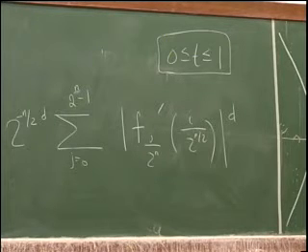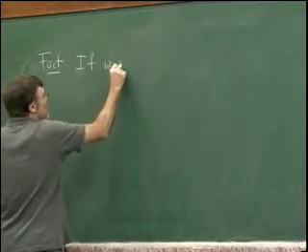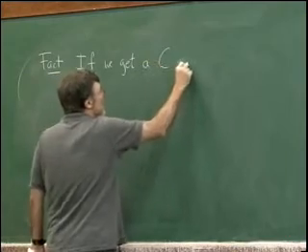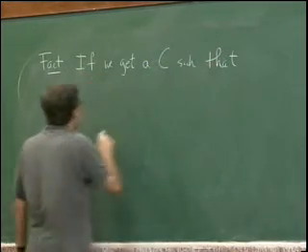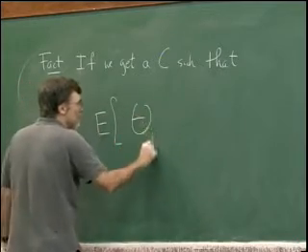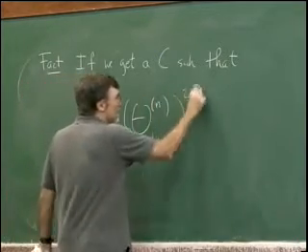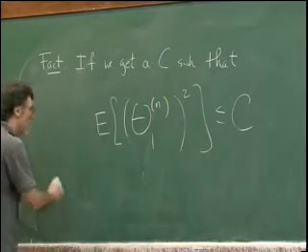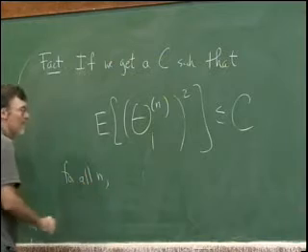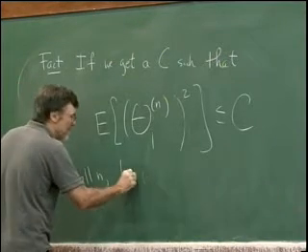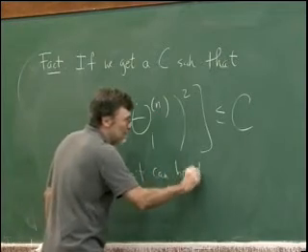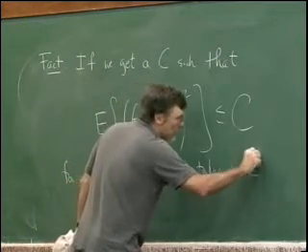So the question is, can we get a uniform second moment bound? I'll just say fact: if we get a C such that this holds for all n, then the limit can be taken in L2, and everything is good.